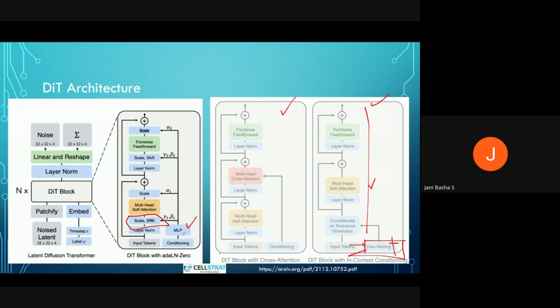Instead of directly giving them to the model and asking it to learn, we have added an additional layer called MLP, which generates these gamma and beta parameters to help it learn that. The MLP is multi-layer perceptron, just a basic deep neural network. Yes.